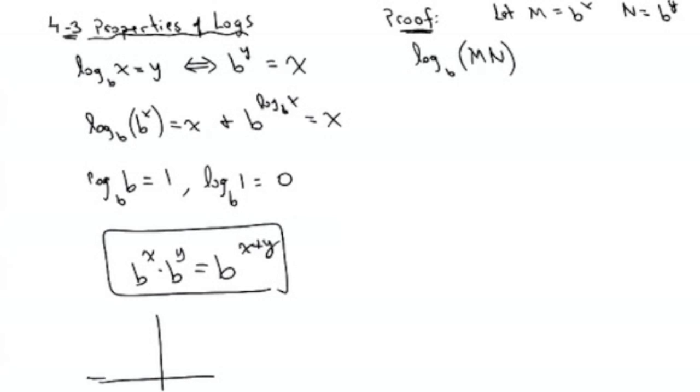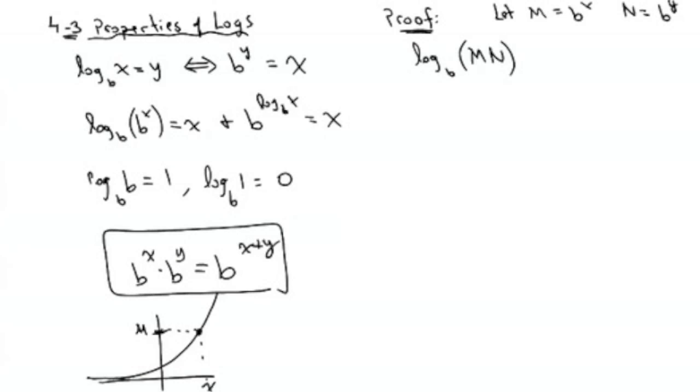If you have an exponential function, and I choose some value m up here, it corresponds to a point on the graph. That means it has to be, in this case, b raised to some power corresponds to that point. And this thing would be x, b to the x. So that's totally legal to say that m is equal to b to the x and n is equal to b to the y.